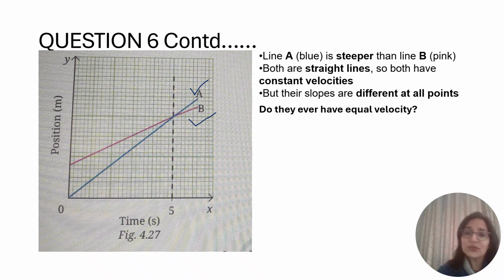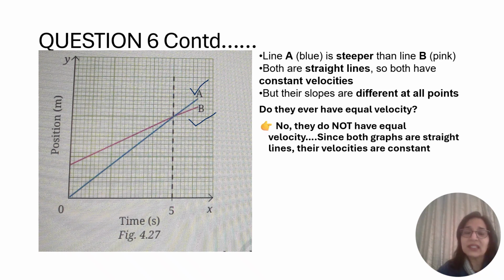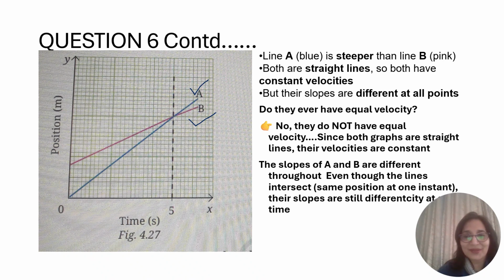So now the question is, do they ever have an equal velocity? No. They do not have equal velocity, since both graphs are straight lines and their velocities are constant. The slopes of A and B are different throughout.